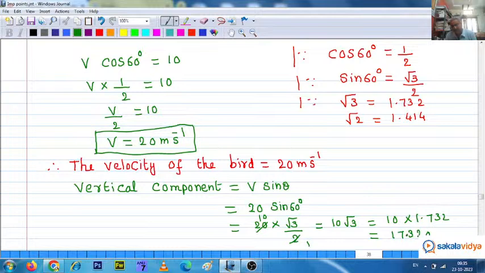So this is equal to 17.32 meter per second. This is the vertical component. I hope it's very clear to you. The velocity of the bird is 20 meter per second, whereas the vertical component is 17.32 meter per second. This is the answer. I hope the problem is very clear to you.